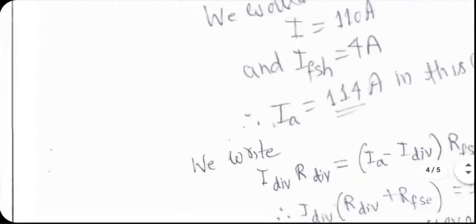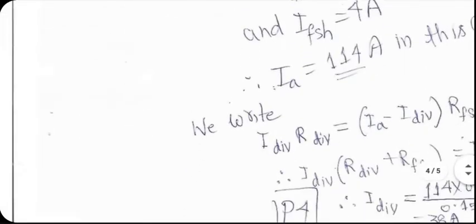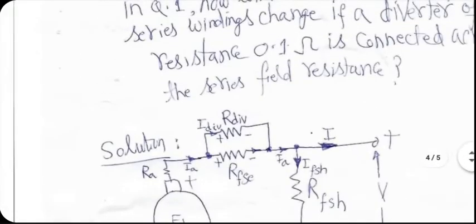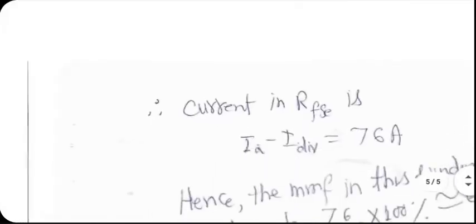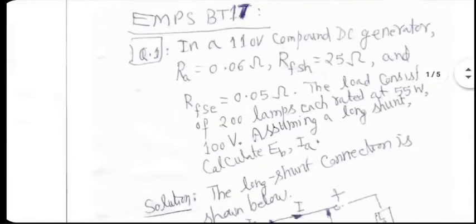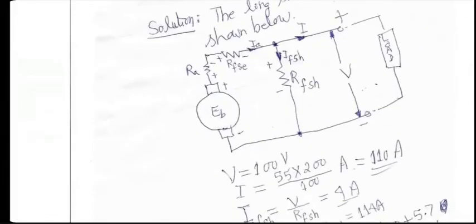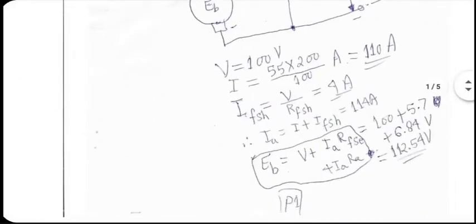IA was 114 amperes. From there, you subtract 38 amperes, which is going through the diverter, and the remaining will flow through the series part of the field winding. So the current going through the series part of the field winding is 76 amperes. In question 1, that current was the complete IA, right? And that was 114 amperes.